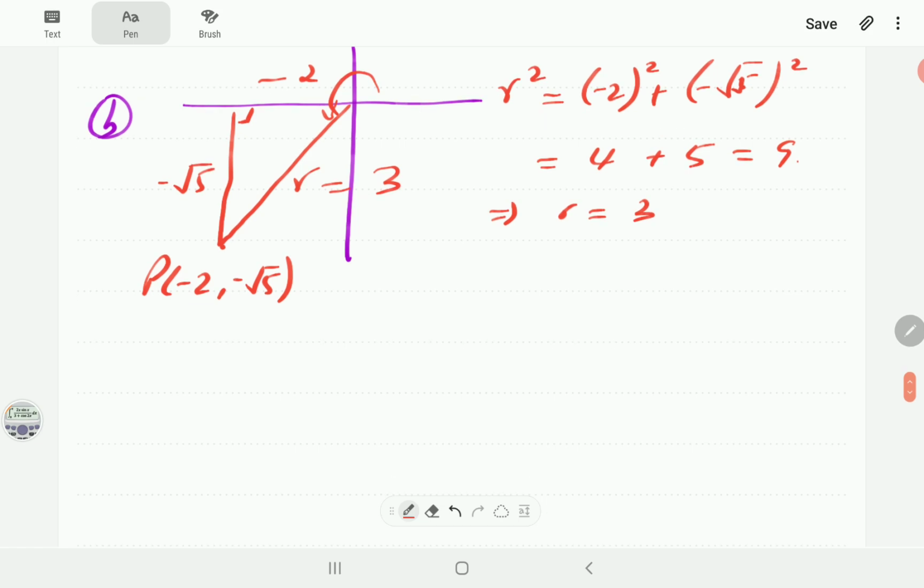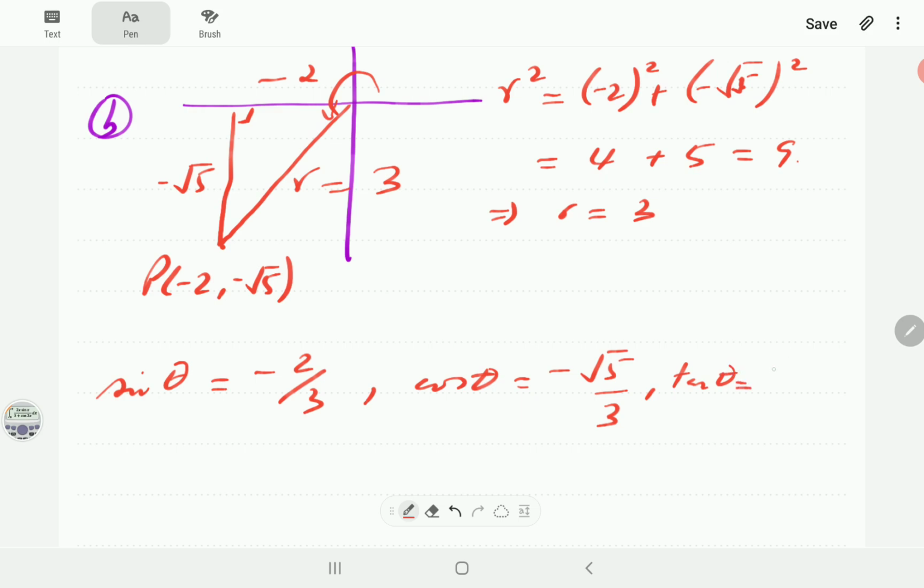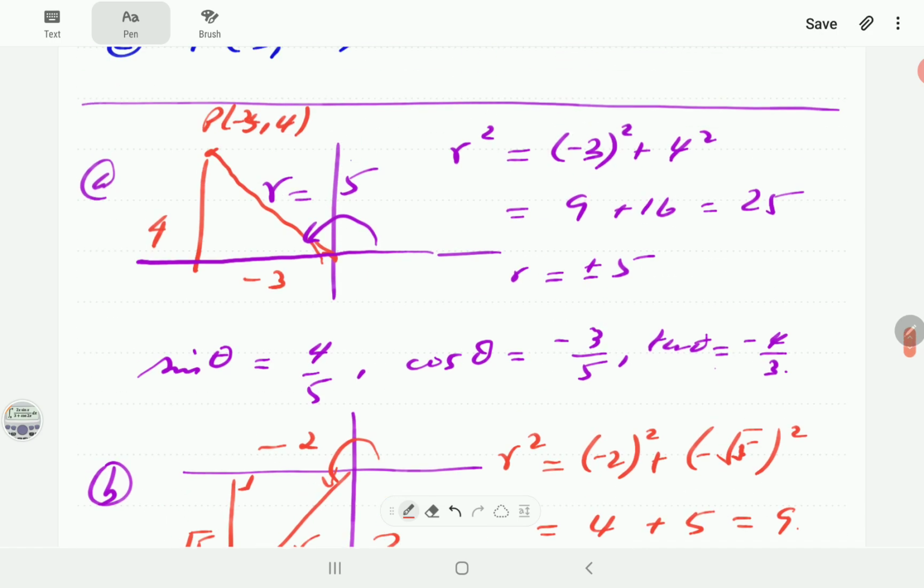So if r is 3, it means sine theta is going to be negative 2 over 3. Cosine theta is going to be negative root 5 over 3. And tangent theta is going to be positive. It's going to be root 5 over 2. Okay.